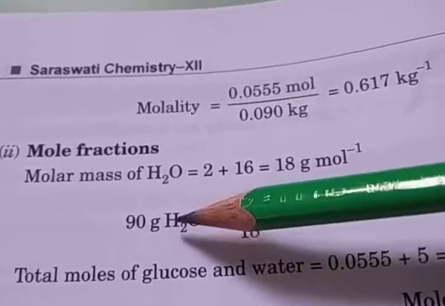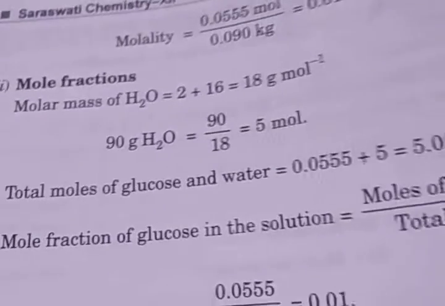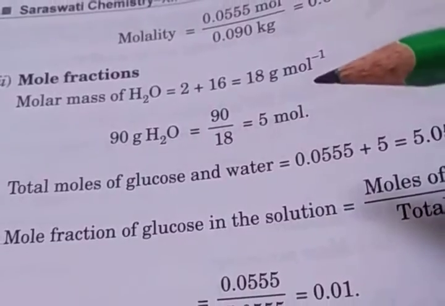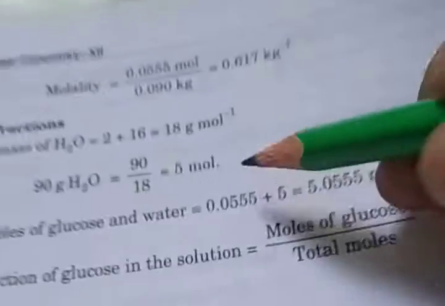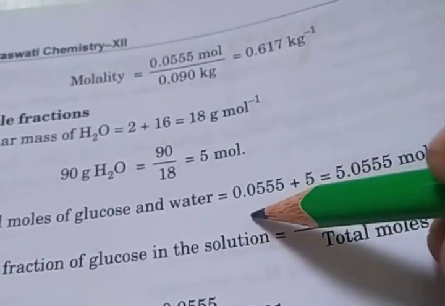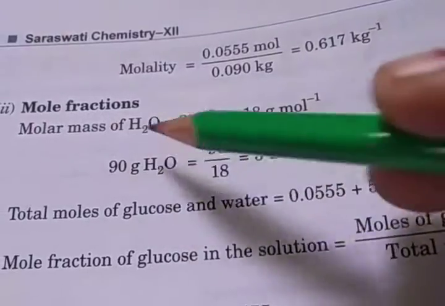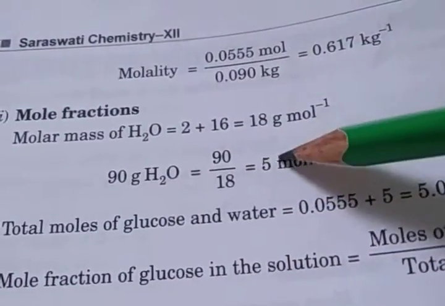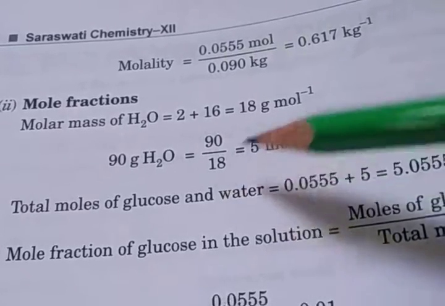Then the mole fraction. You already know the mole fraction formula, we have to apply it directly. We have to add the total moles of glucose and water. The molar mass of water is 2 plus 16, 18 gram, and 90 gram water is 90 divided by 18, which is 5 mole.